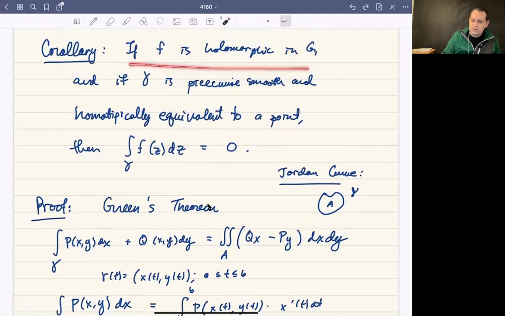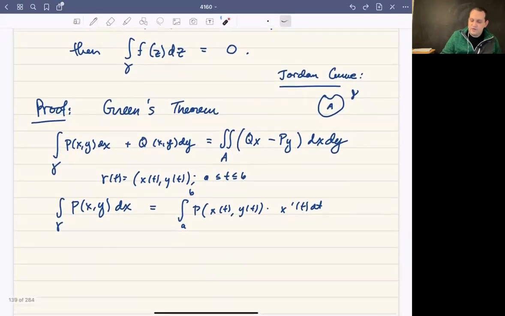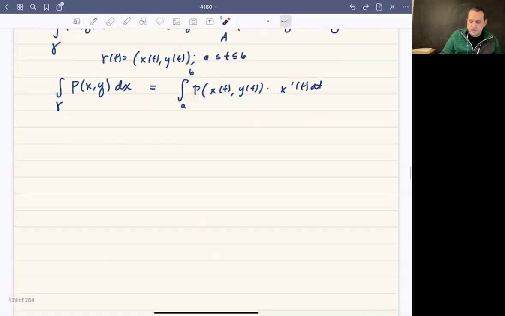What this has to do with us is, remember that we're looking at this integral. We're assuming that f is holomorphic over this region G, and that gamma is piecewise smooth and homotopically equivalent to a point. If that's the case, then the integral of f over this curve is 0. So let's put all the pieces together and see how this works.